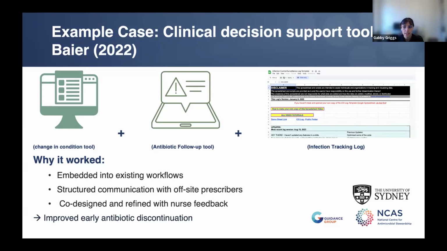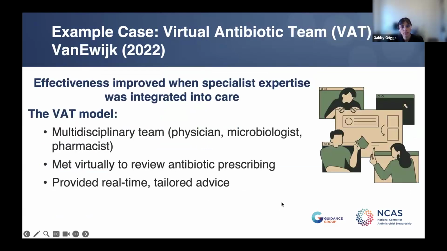The tools were co-designed with nurses and refined over time, with ongoing support to help integrate them into practice. So this meant that they fit into existing workflows and they improved communication with off-site prescribers. Overall, this highlights how designing tools around real-world practice can improve usability and lead to better antibiotic decision-making.